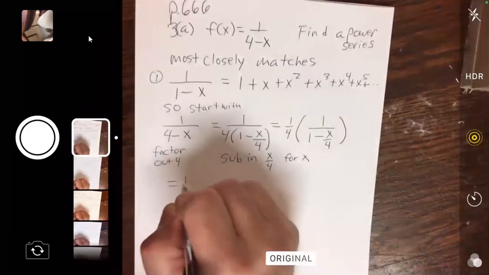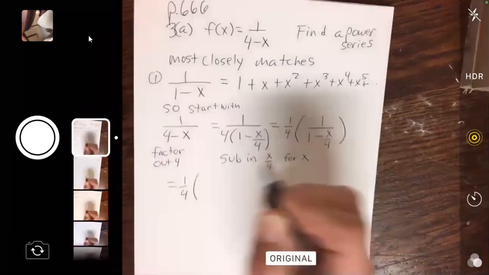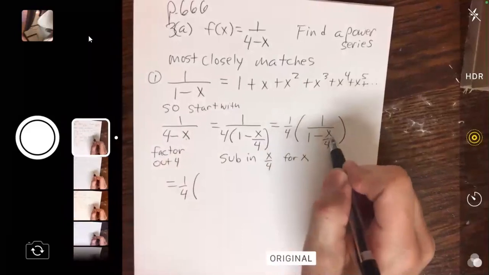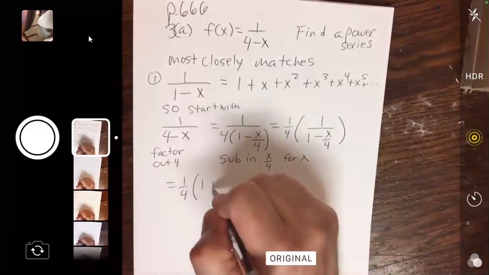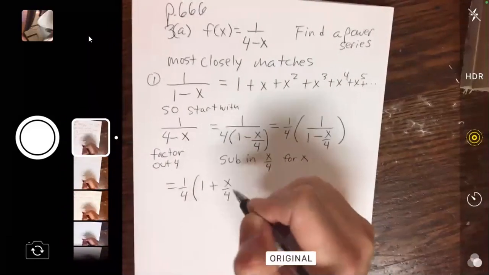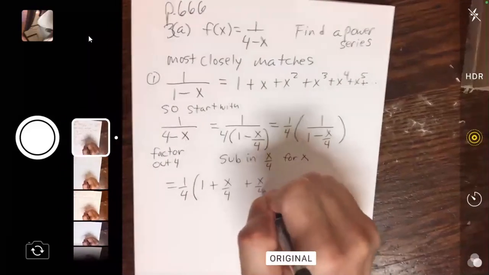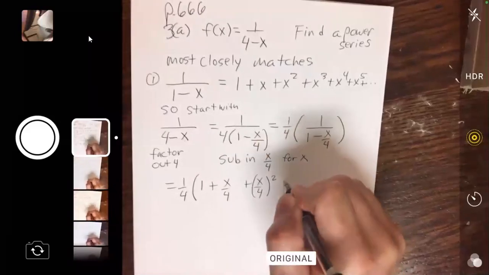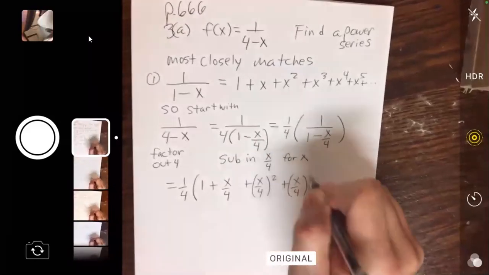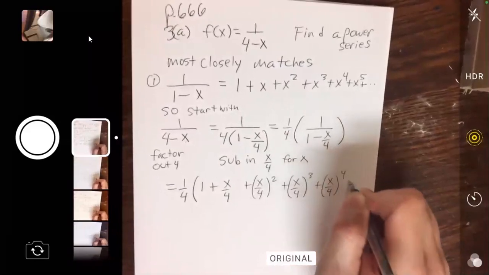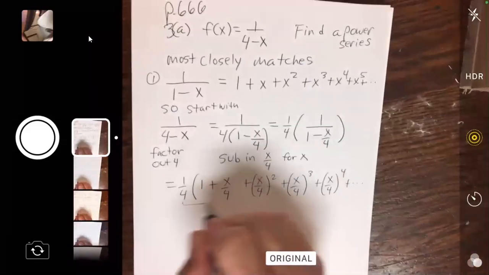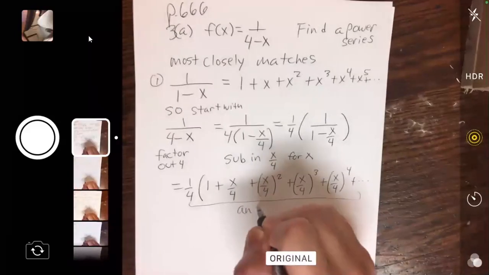So I'm going to get a 1/4, and I'm going to sub in x over 4 where there's an x. 1 plus x over 4 plus x over 4 quantity squared, x over 4 quantity cubed, x over 4 quantity to the fourth, and so on. And this is my answer.